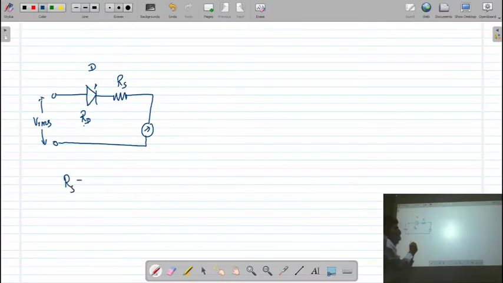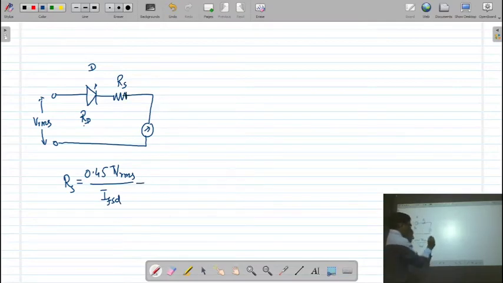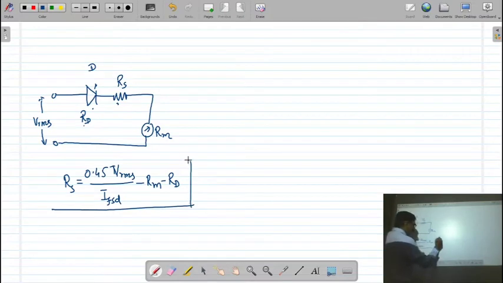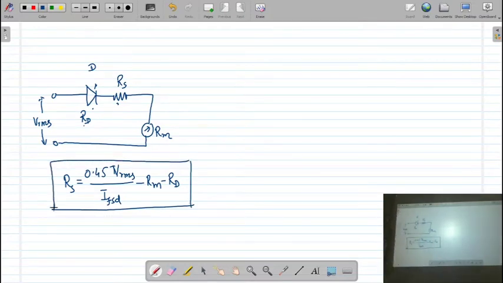Then the RS is given by 0.45 into Vrms divided by IFSD minus Rm, that is the resistance of the galvanometer, and also I have to subtract the resistance of the diode, minus Rd. So whatever the forward bias resistance is there, you have to consider when you are calculating the value of Rs. Okay? So you can use this formula for calculating multiplier resistance.